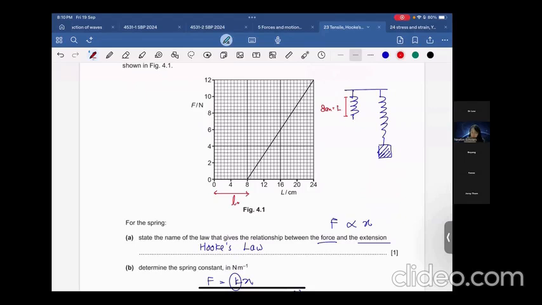Then after I apply 12 Newton, I found that my total length is 24 cm. How much did I extend? From here to here is my extension x. So my extension should be 24 minus 8.